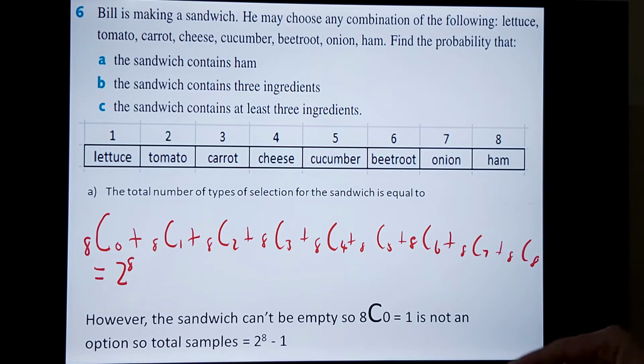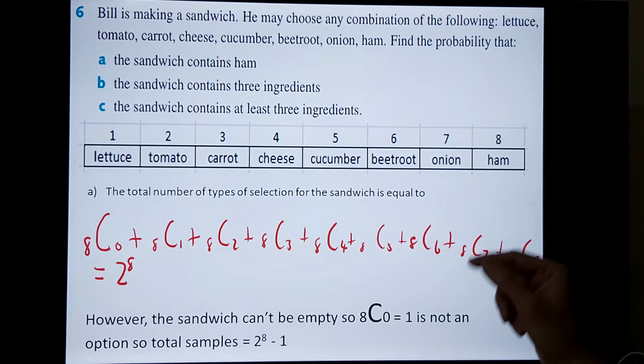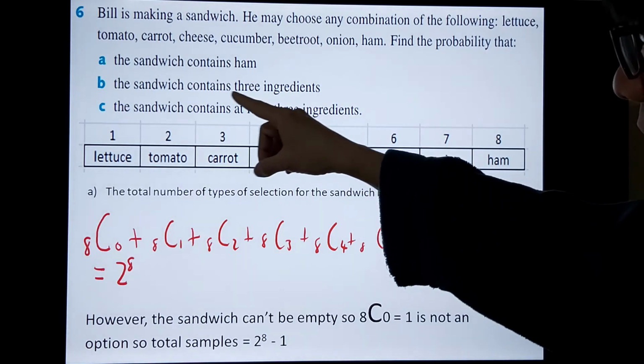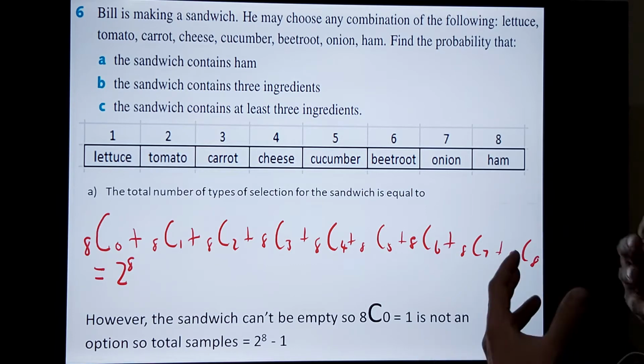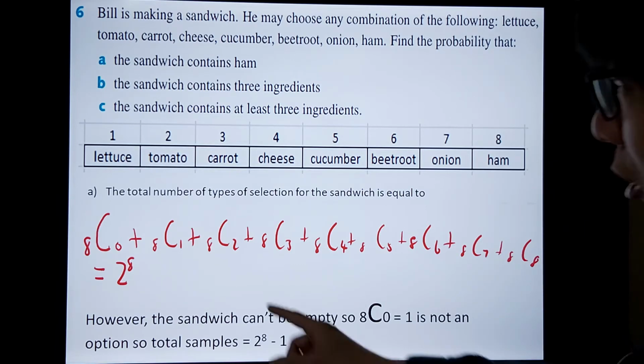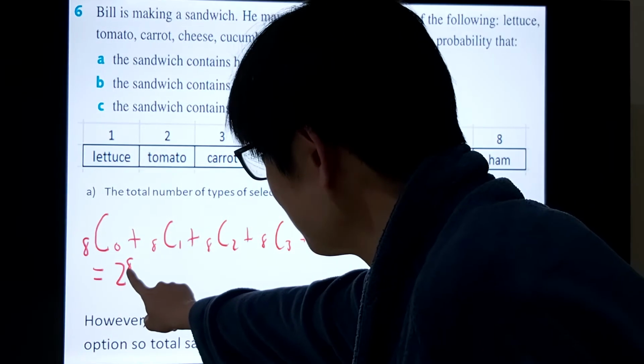Then what was the formula that we just discussed? If you are free to select any combinations, then the number of selections will be 2 to the power of n, right? In this case, there are 8 ingredients, so the total number of selections will be 2 to the power of 8.